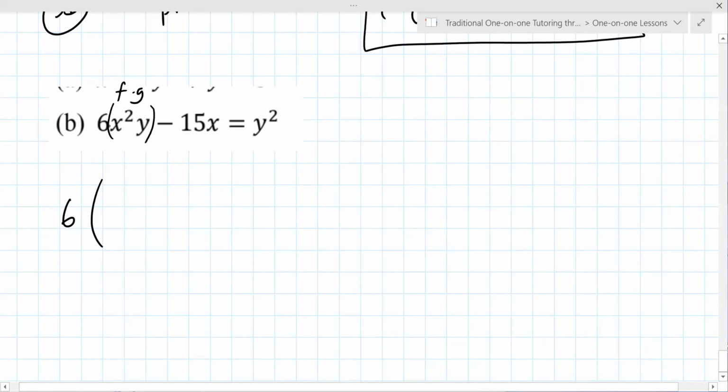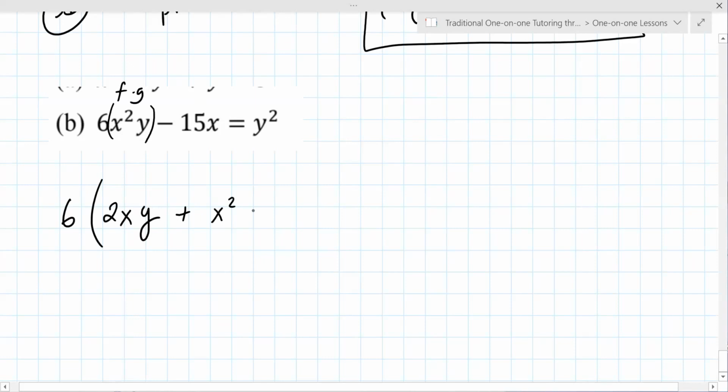How do you like to do it? We do f prime times g plus g prime times f. So 2x, because that's the derivative of x squared, hold y, and then you have x squared. What is the derivative of y?